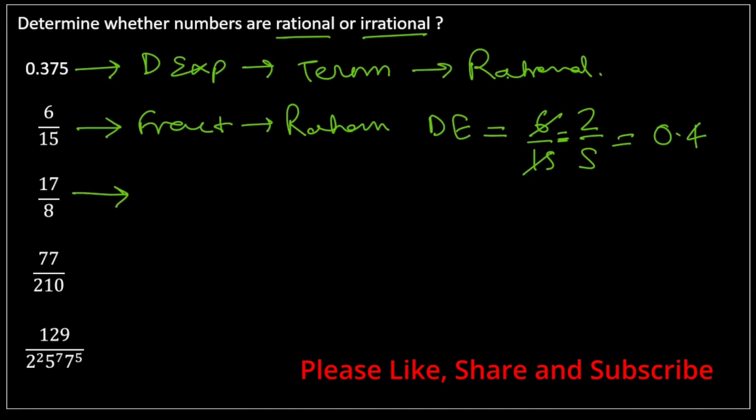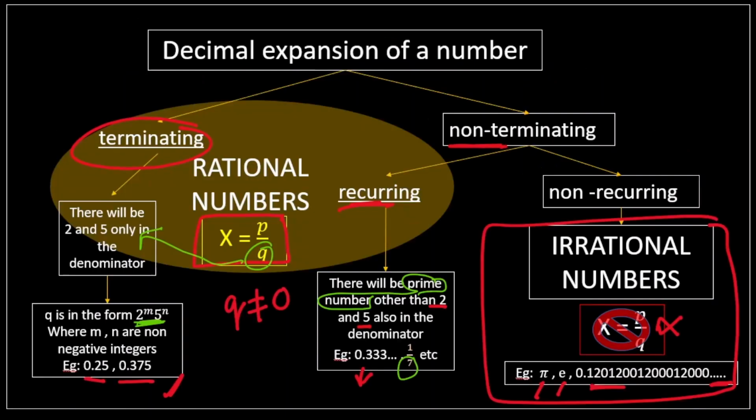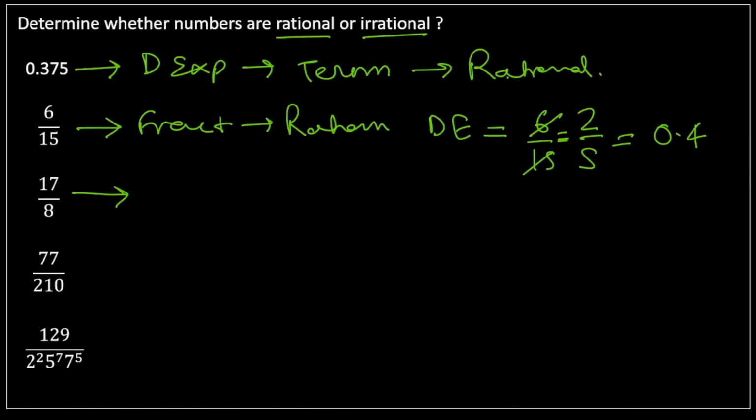17 upon 8. Let us solve it through the rule which I have told you, that if in the denominator only 2 and 5 are there, we can say it is a rational number. This is a rational number because it is written in terms of fractions.